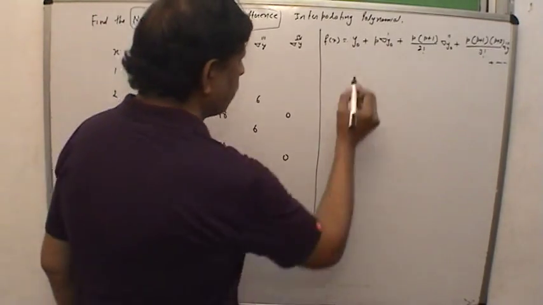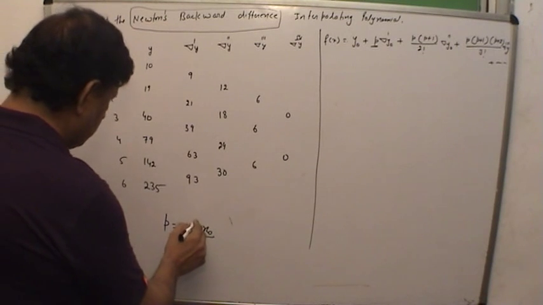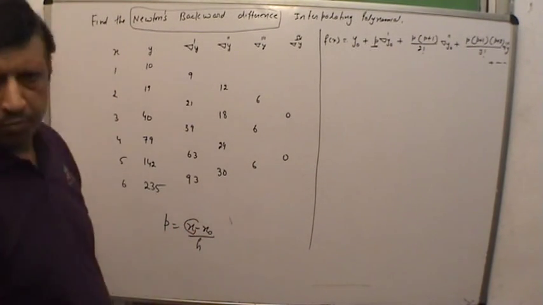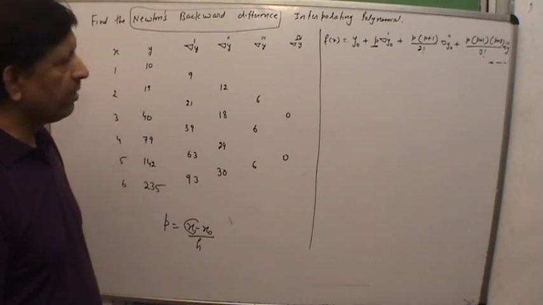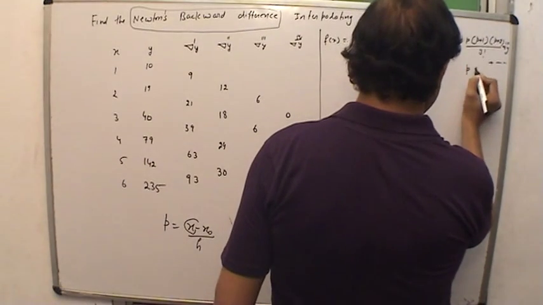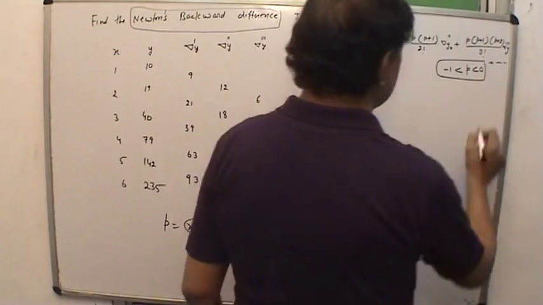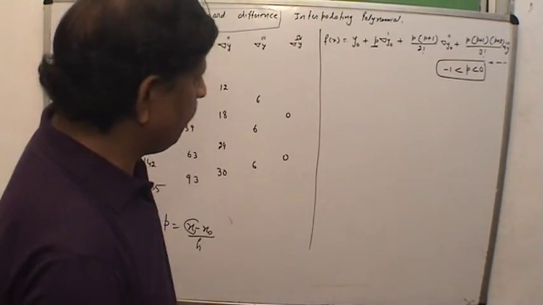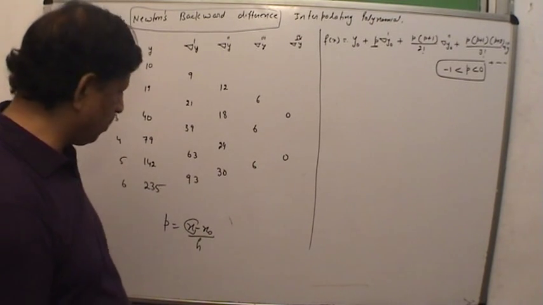The problem is that we cannot find P because x is not provided. x is the point of interpolation. It is not provided, so we cannot calculate P. Even the condition of P, which was between minus 1 and 0, cannot be checked in this case.